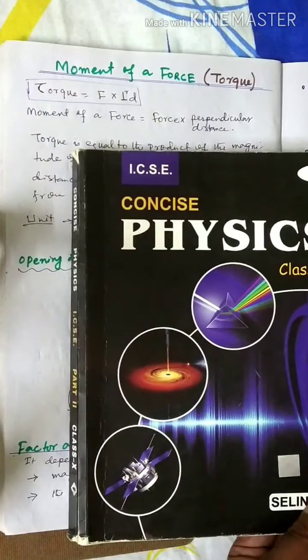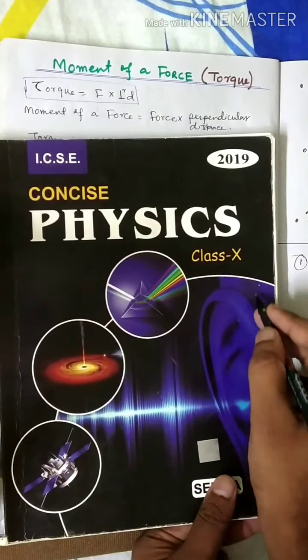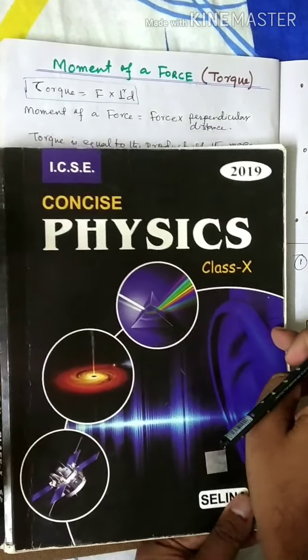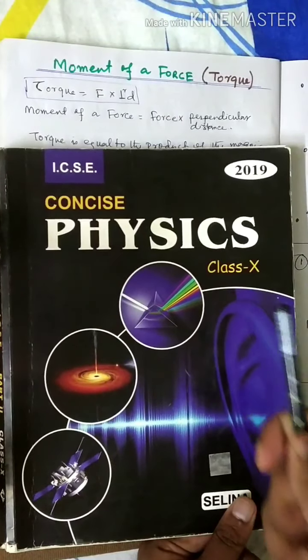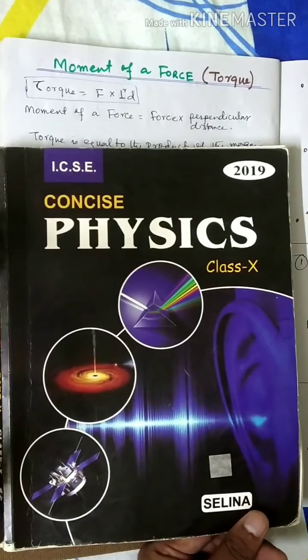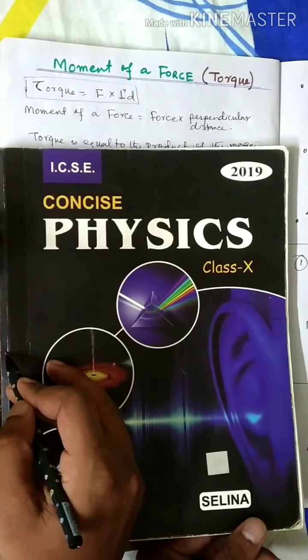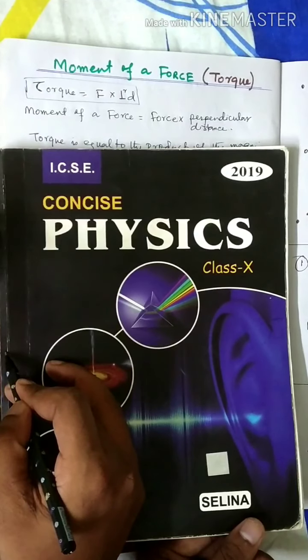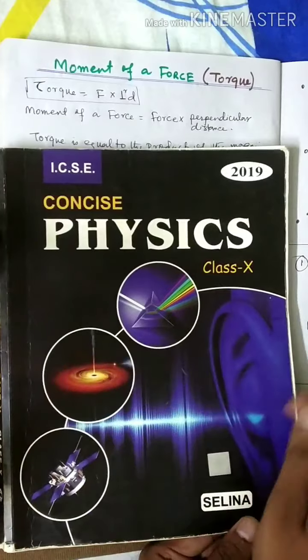The handle is at this end. We are applying force in the upward direction, and then the door will move. So force is applied here. The distance between the fixed point, the pivot point, and the point of application is called the distance.